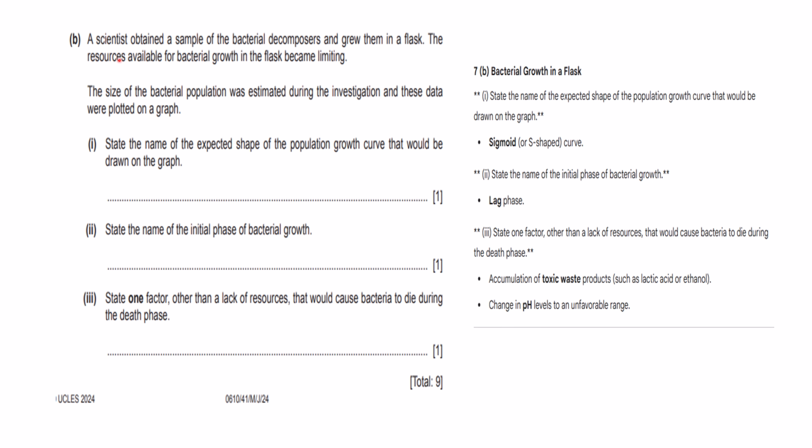Part B. A scientist obtained a sample of bacterial decomposers and grew them in a flask. The resources available for bacterial growth in the flask became limiting. The size of the bacterial population was estimated during the investigation, and these data were plotted on a graph. First, state the name of the expected shape of the population growth curve that would be drawn on the graph.